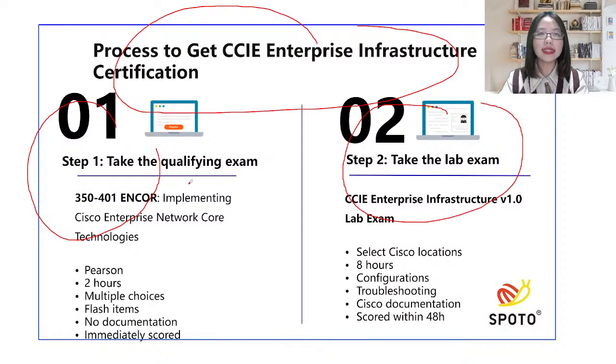One is the CCIE EI written exam. This exam tests a candidate's knowledge of implementing core enterprise network technologies including virtualization, infrastructure, network assurance, security, and automation.